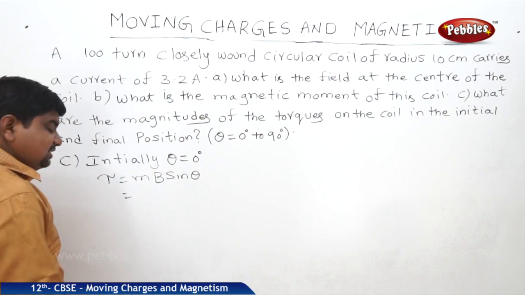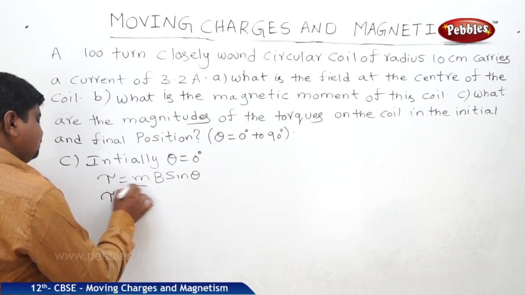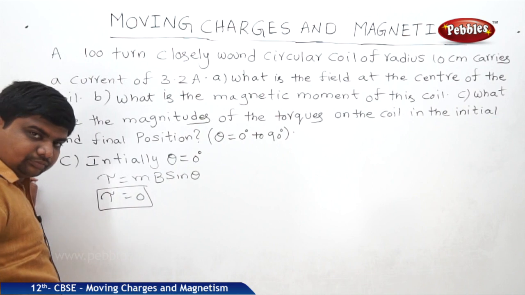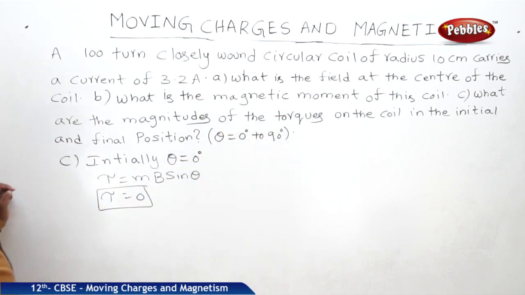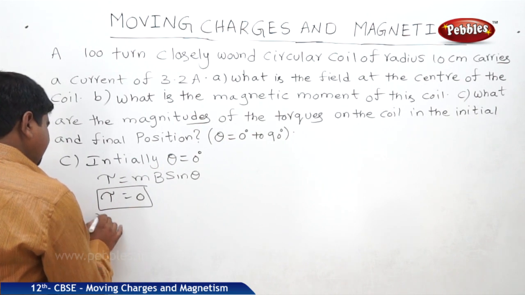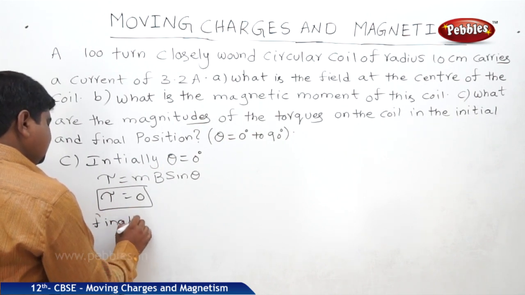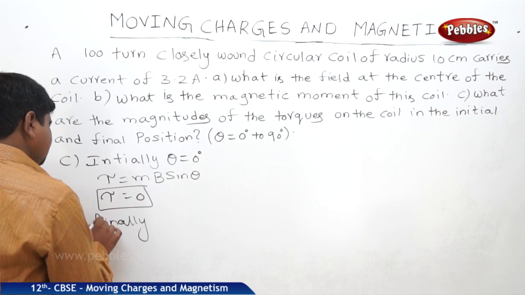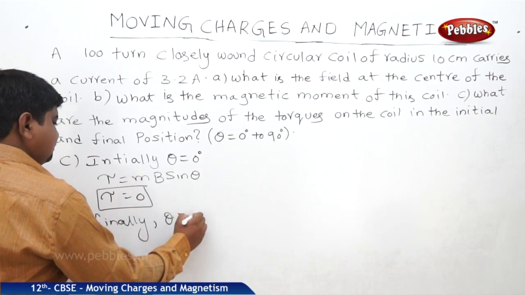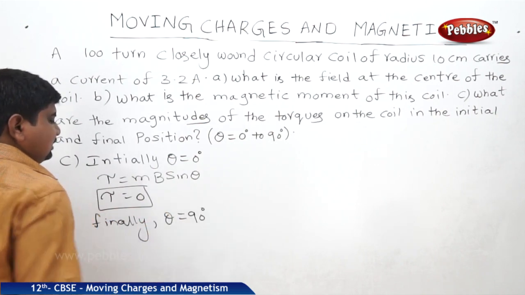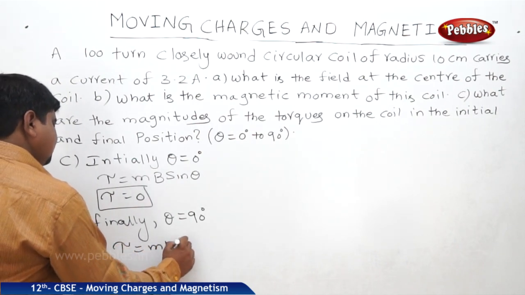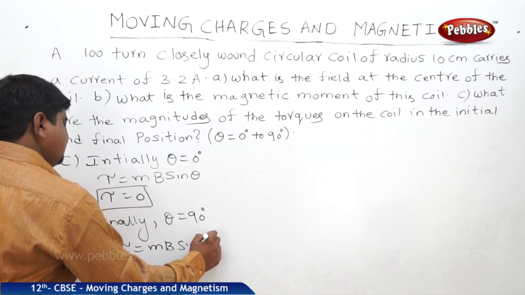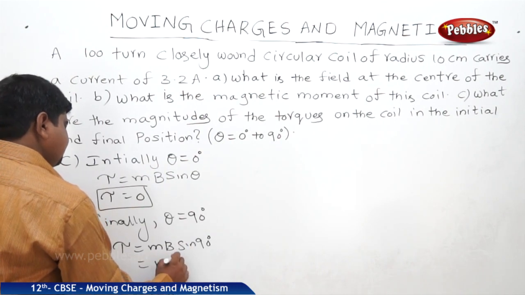Theta is equal to 0 degrees, sin 0 is 0, therefore tau is equal to 0. Afterwards, it shifted to 90 degrees, the phase shift. So finally, theta is equal to 90 degrees. Therefore, tau is equal to MB sin 90 degrees. It is equal to MB.